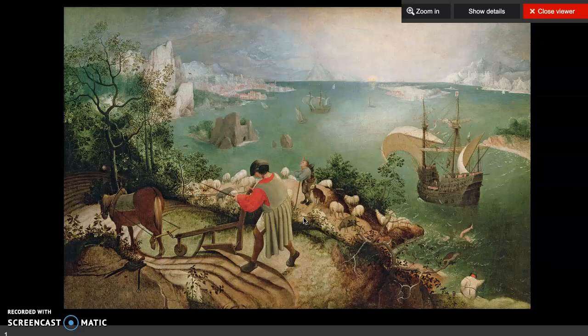Now that's a generality, because this painting is called The Fall of Icarus. Icarus is a super important mythological figure, and his father created these wings made out of feathers and wax, and his father told him, we're going to escape from this prison using these feathers and wax I created, and don't fly too close to the sun and don't fly too close to the ocean.